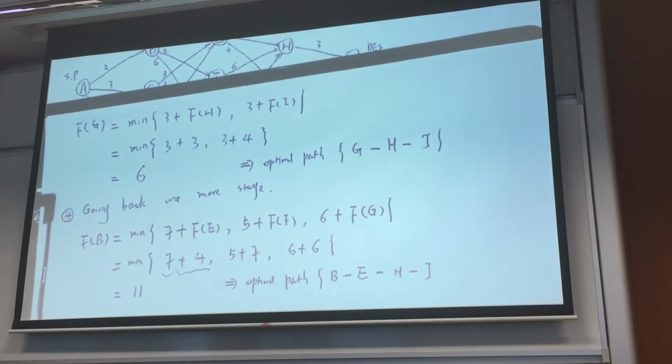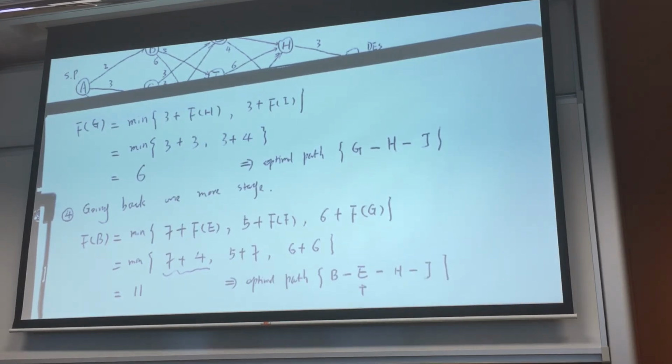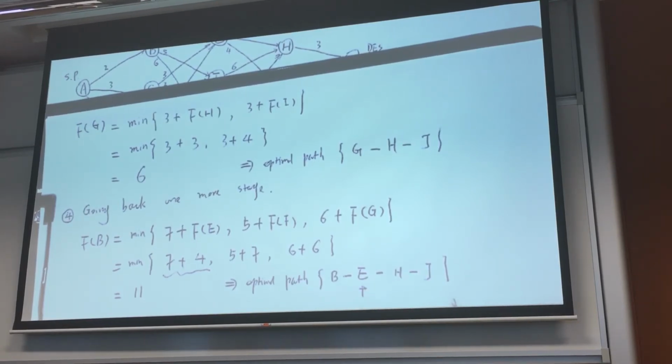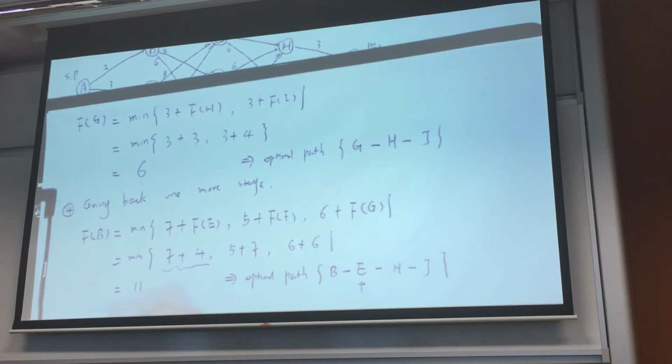So that means in this stage we only determine this node, and the optimal path from this node to the destination is already known from our previous results. So these are the idea why we can save the computation.